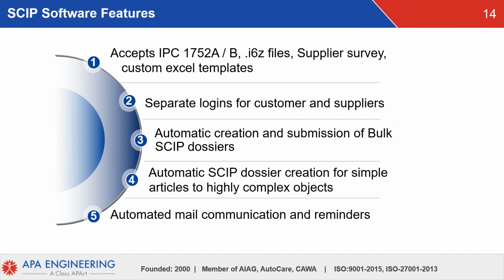Suppose you have all the data set ready for multiple part numbers in a spreadsheet. You can upload it in a matter of minutes to GreenCheck, and GreenCheck can create the SCIP dossiers, and through the system to system key, bulk submissions can be made to ECHA.